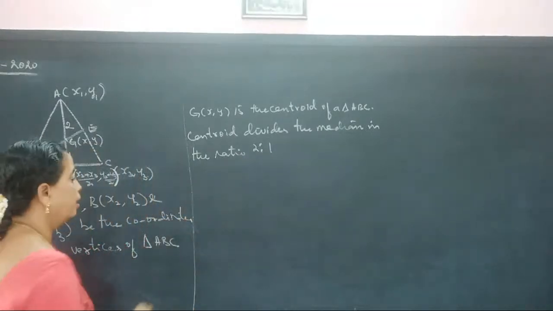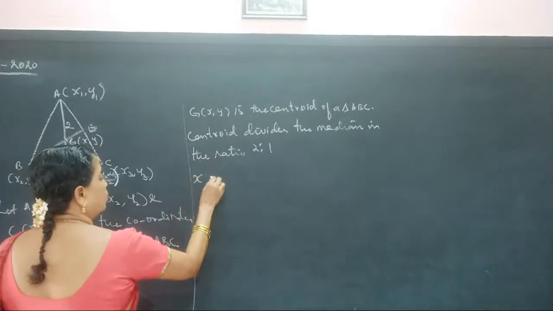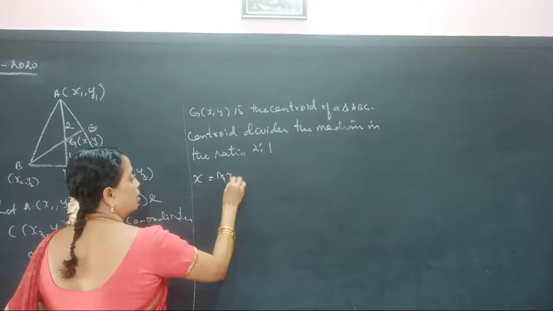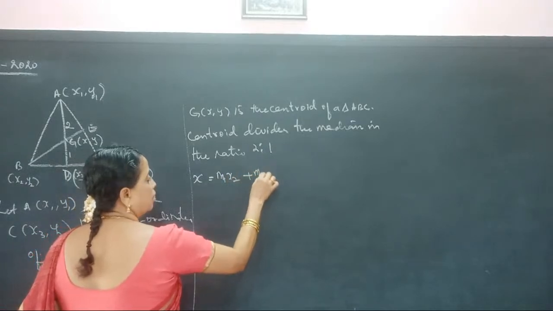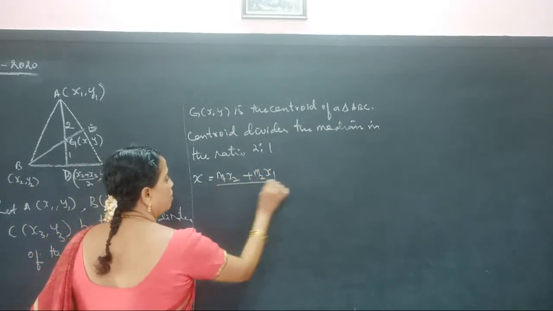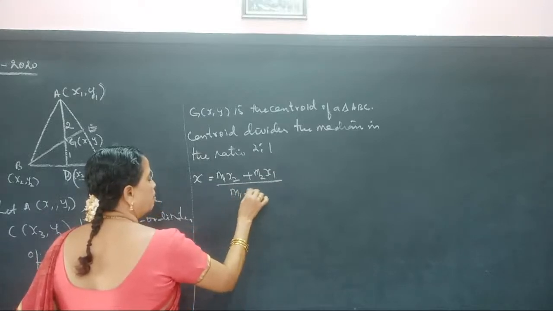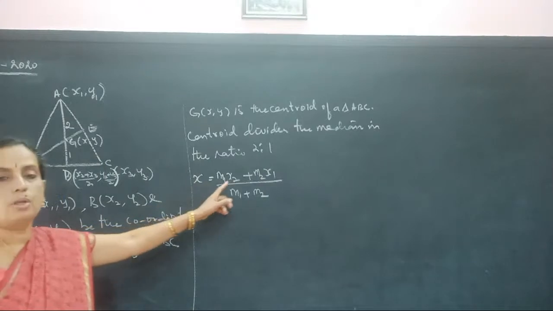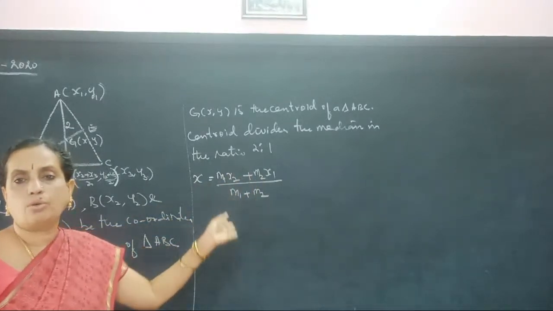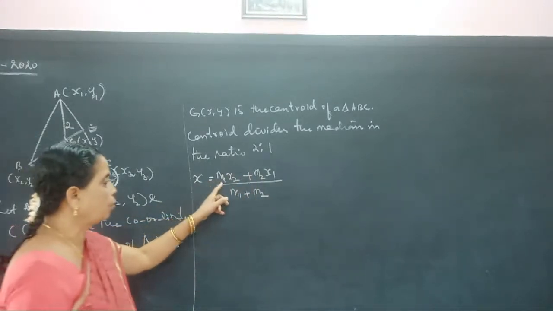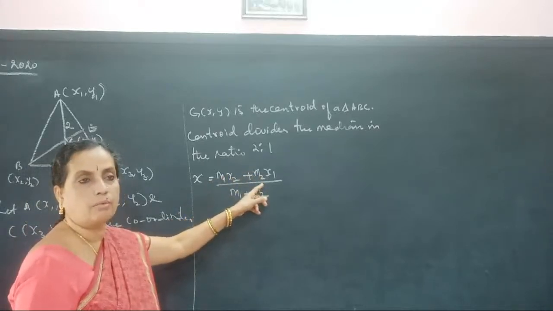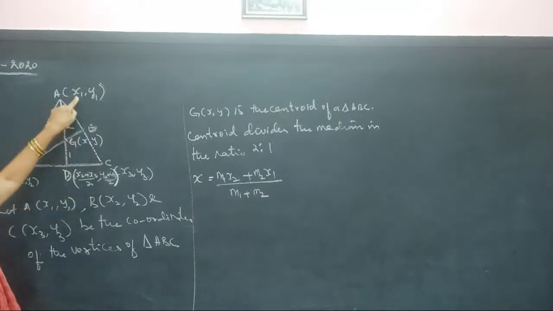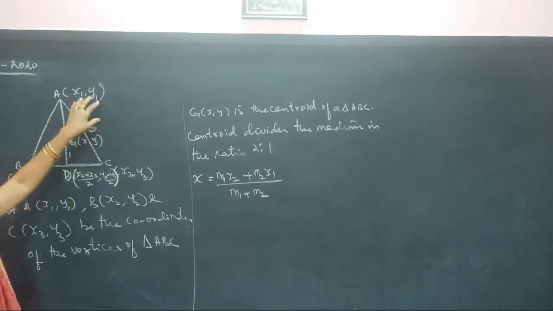Let us apply the section formula, that is m1 x2 plus m2 x1 by m1 plus m2, where m1 is 2, m2 is 1. The ratio 2:1. So 2 and 1. Where x2 is this, x1 is this, y2, y1.